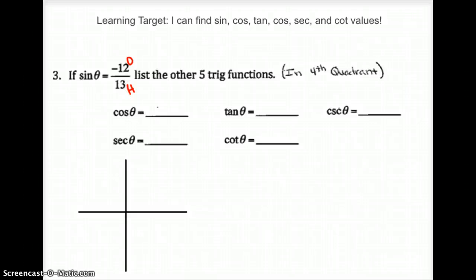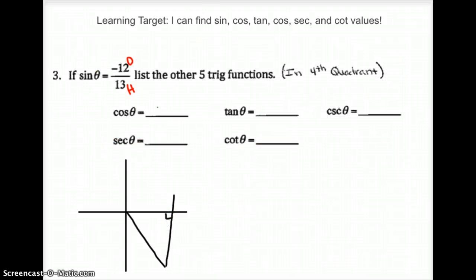And I'm in the 4th quadrant, so I'm somewhere here if I'm thinking about the coordinate plane. And if I think about drawing a reference triangle, I don't know the angle. Here's what I do know.